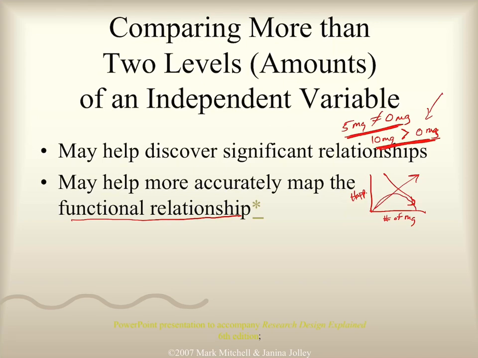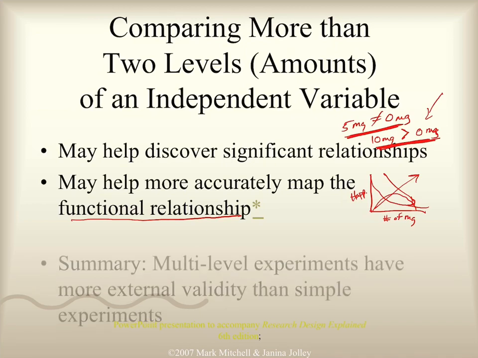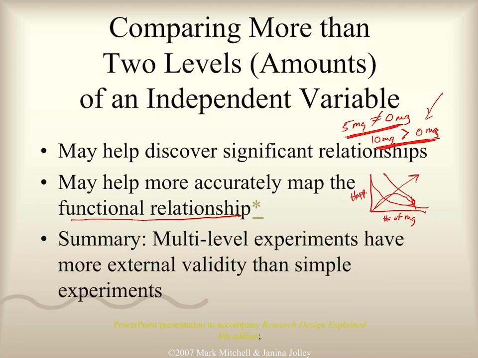They can be logarithmic. There's a lot of different ways in which these variables can be related. But in essence, multi-level experiments can have more external validity than simple experiments. In other words, the more levels you have, the more groups and the more situations to which you can generalize.